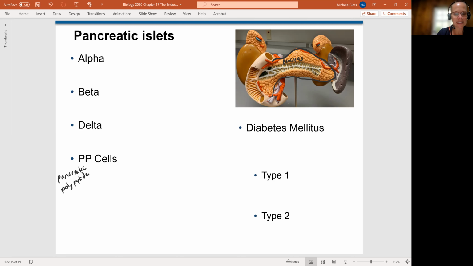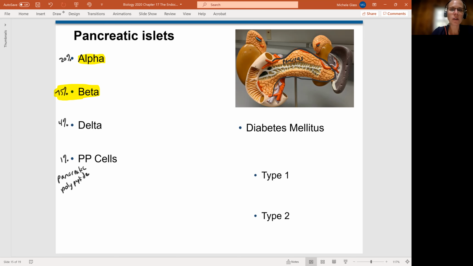About 20% of the islet is the alpha cell and 75% is the beta, and then just 4% delta and just 1% PP cells. So obviously our attention is going to be focusing on the alpha cell and then the beta cell especially.